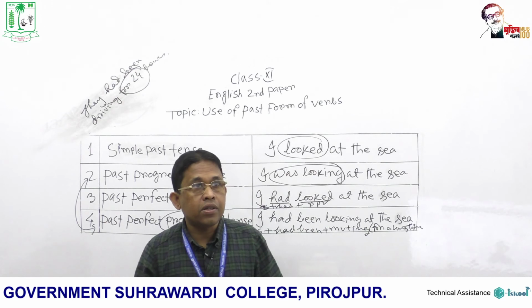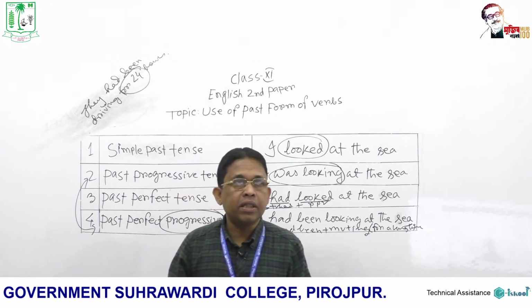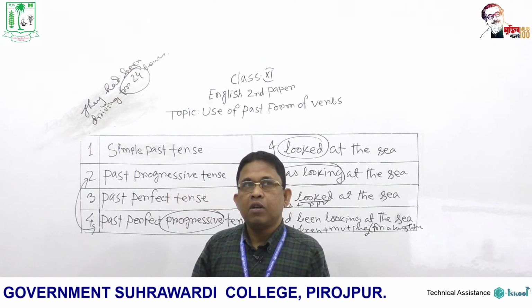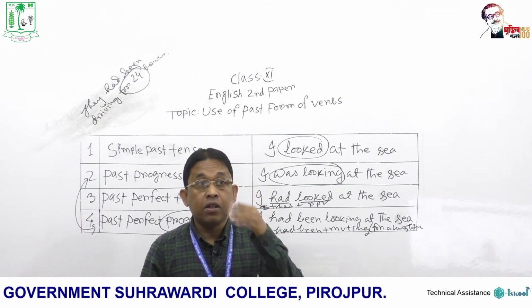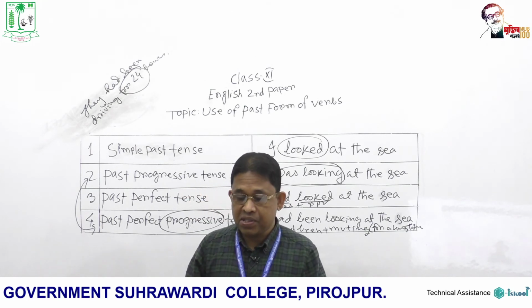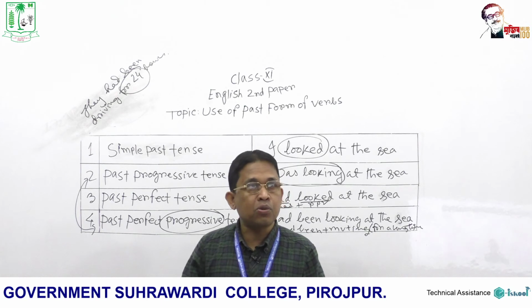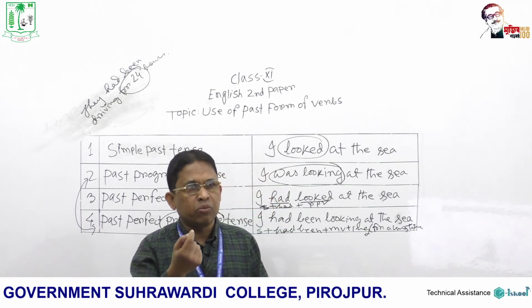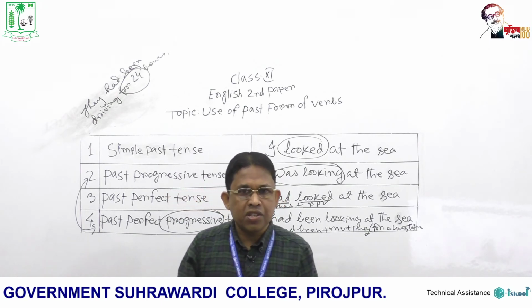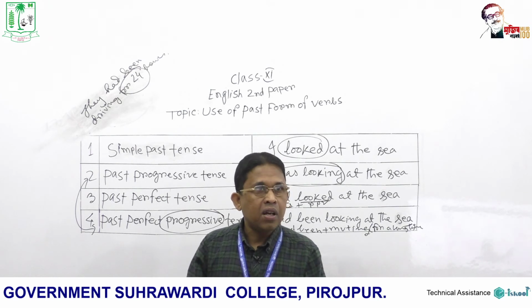So, dear students, most probably you have understood these 4 subtypes of past tense. And now, let me proceed to another rule, a very small one. I am going to finish almost at the end of the class, but just one rule, and I will take just 2 minutes.